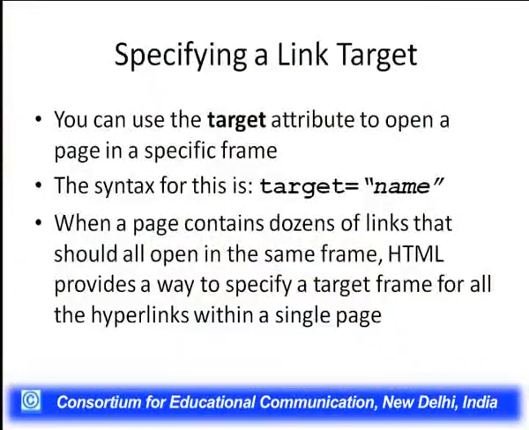So, the target attribute gives the user the flexibility to open the file in a specific frame, and the syntax is simple. Along with the A tag, you specify target and you give the name. Like in the previous example that we were discussing, you can just simply give the name of the frame where you want the file to open, so the file will open. Besides this, when you want the target to be opened in some other place, there are some reserved words which can also be given.